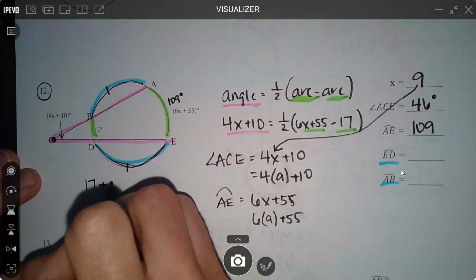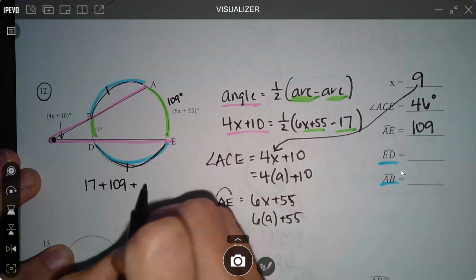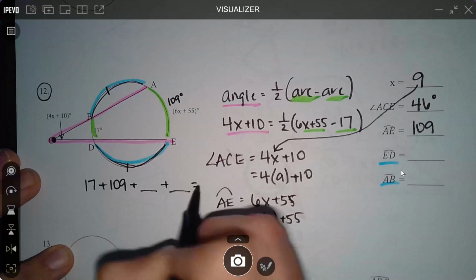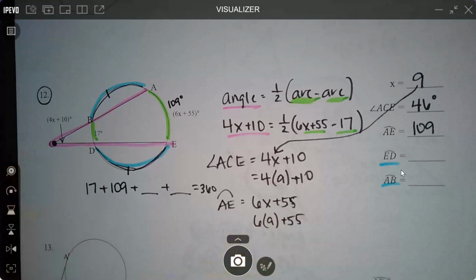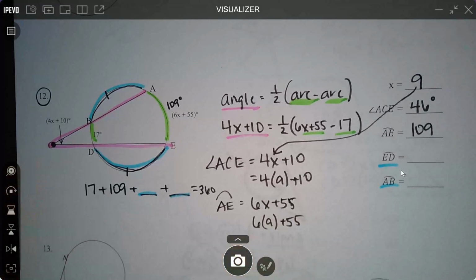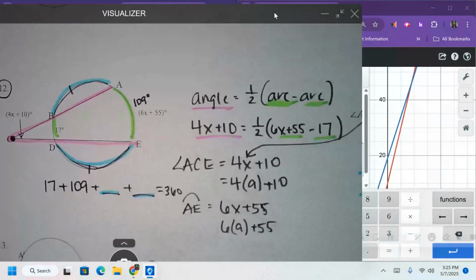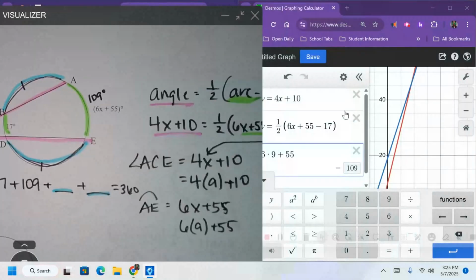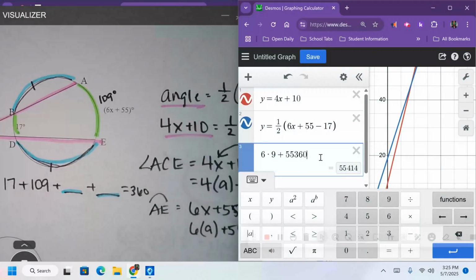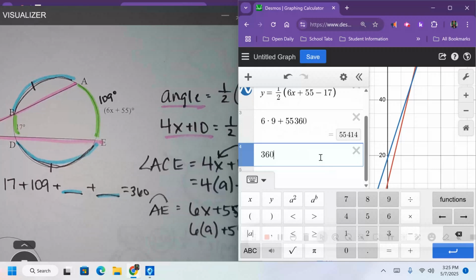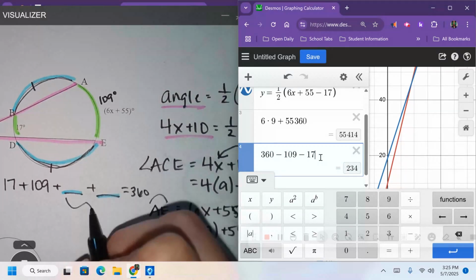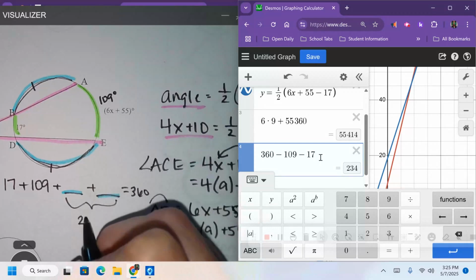So 17 plus 109 plus both of the blues should equal 360. I need to take these two away from 360. So 360 minus 109 minus 17. These two blue arcs together equal 234.